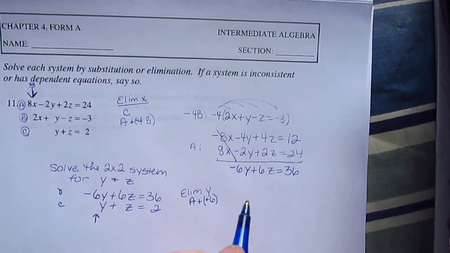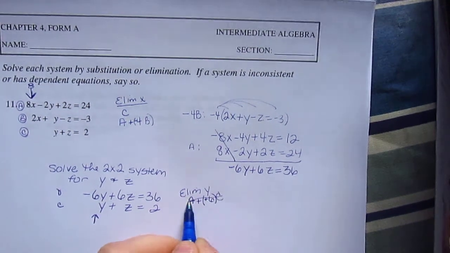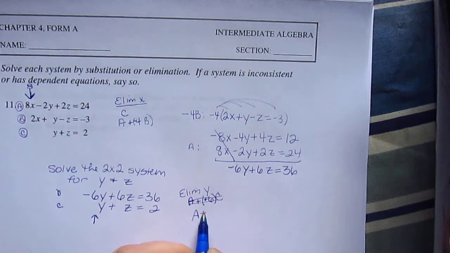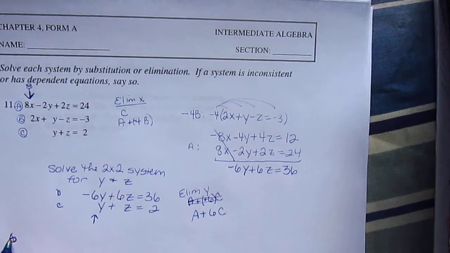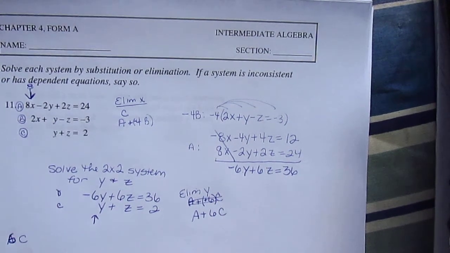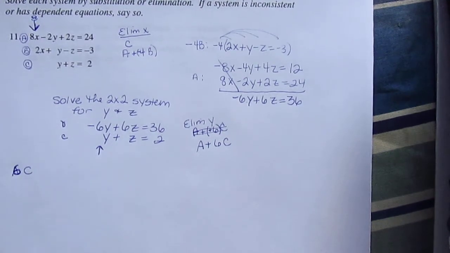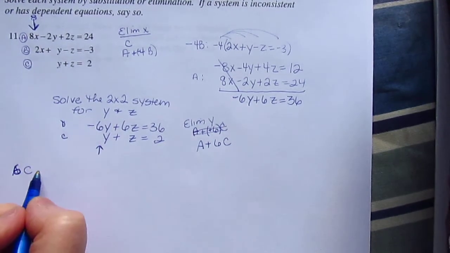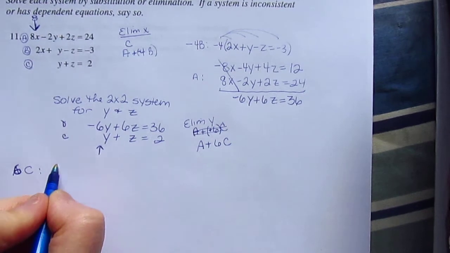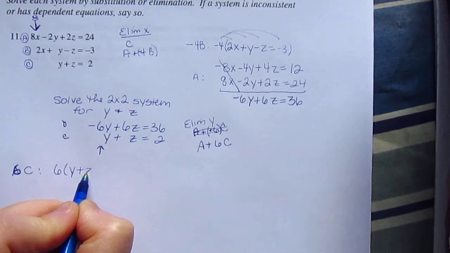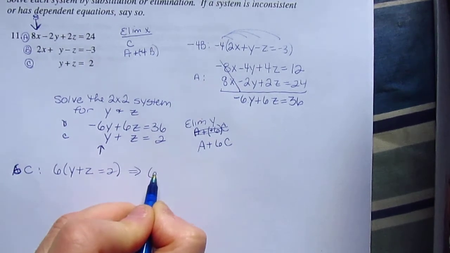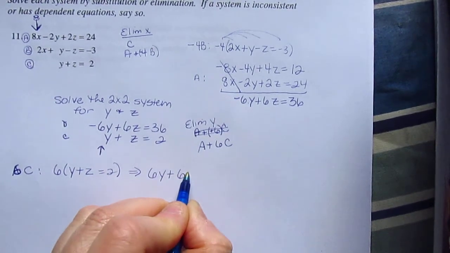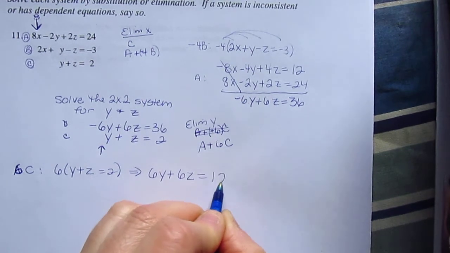That makes sense. So this is going to be D plus 6C. I like that better. Okay, so let's do 6C first. 6 times equation C is 6y plus 6z equals 12.